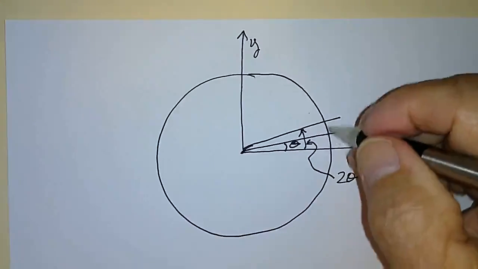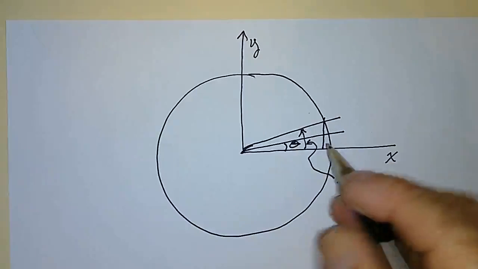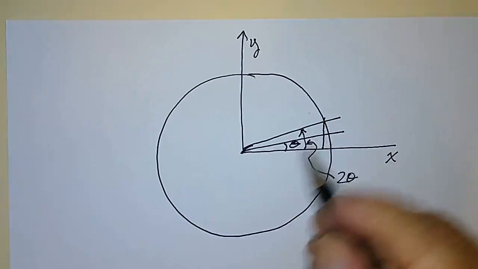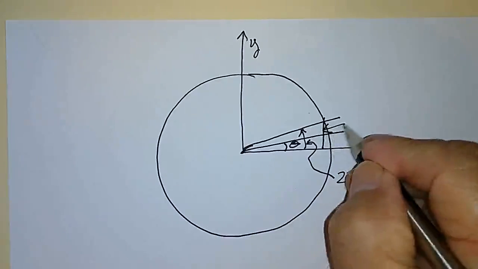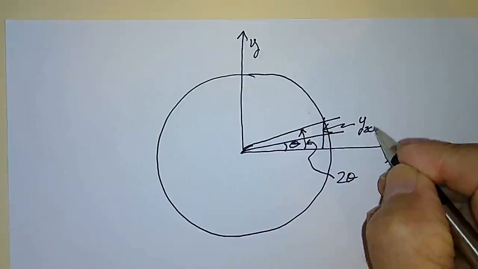And the sine of 2 theta is y for 2 theta divided by the radius, which is 1 in this case. So this is the y associated with 2 theta. I'm going to call that y sub 2 theta.